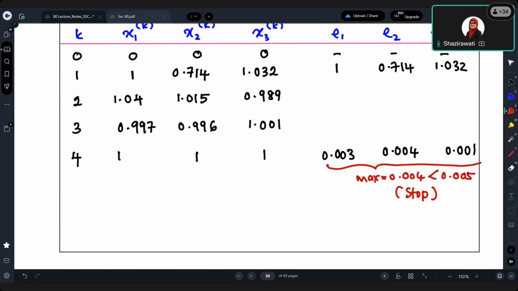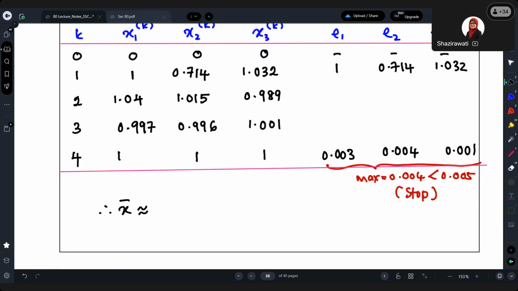Okay, so once we stop at that iteration, write down your conclusion. So therefore, X is approximately X pada iteration K equals 4, which is given by 1, 1, 1. Okay, boleh?